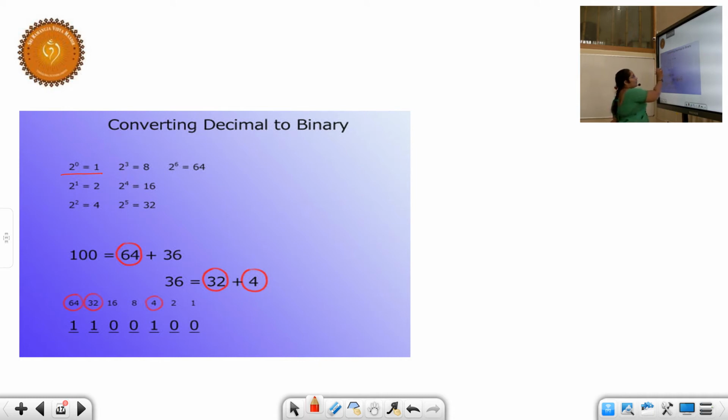In the same way, 2 power 0 equals 1, and 2 power 1 equals 2. 2 into 2, that is 2 squared, so it is 4. 2 power 3 is 8. So we have these values when converting decimal to binary.